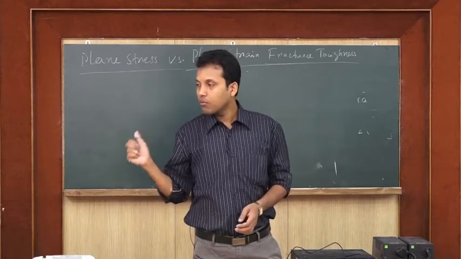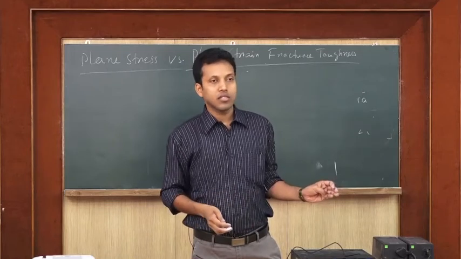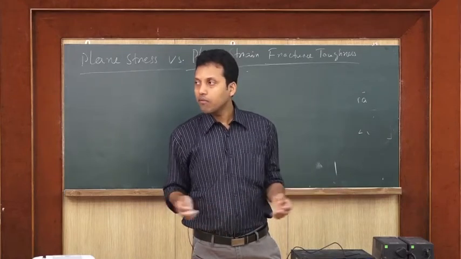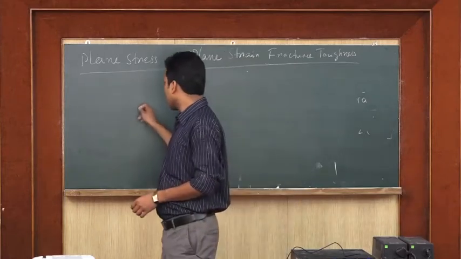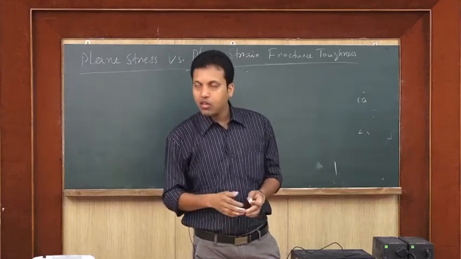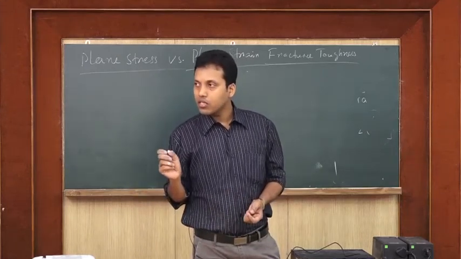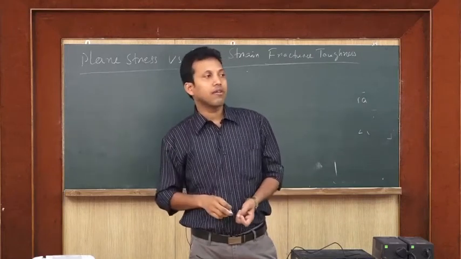By doing some problems here, we understood that based on yield strength, plastic zone size, etc., K values also vary. Then we can also say that when the material is thin or thick, based on the thickness of the specimen, the K value varies. Why will the K value vary based on thickness?